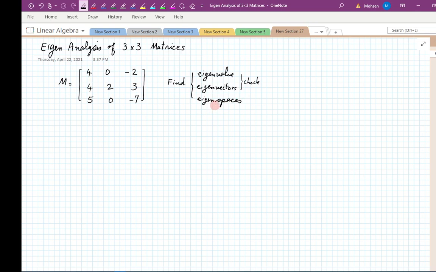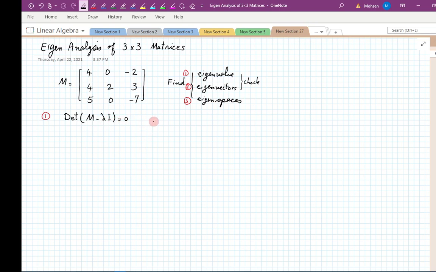Okay, the steps are exactly like what we did for 2 by 2. It's just that there's going to be more work to do. This is step 1, 2, and 3. So step 1, we go after finding the eigenvalues. How does that come about? We explained this before: the determinant of M minus lambda times I equal to 0.